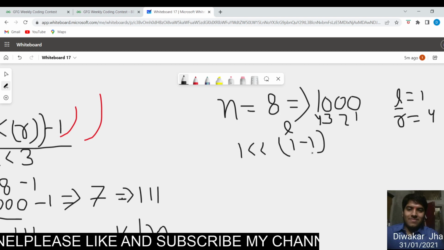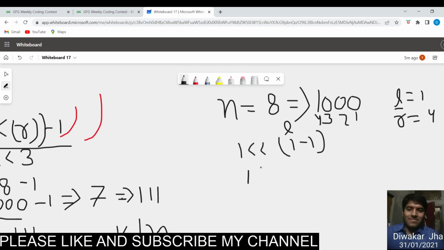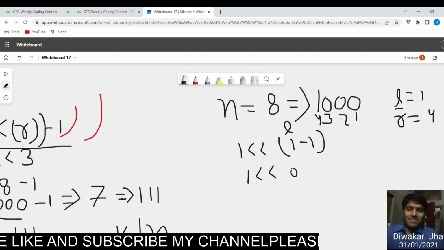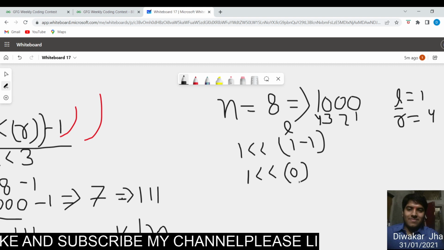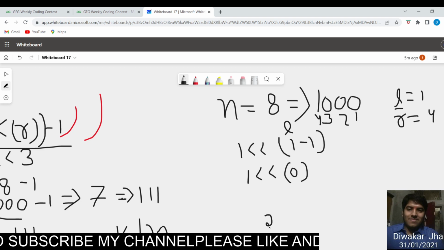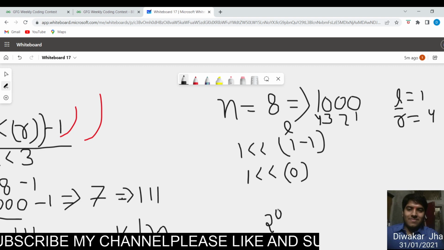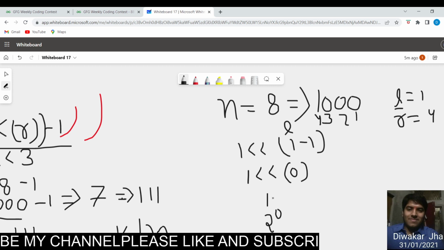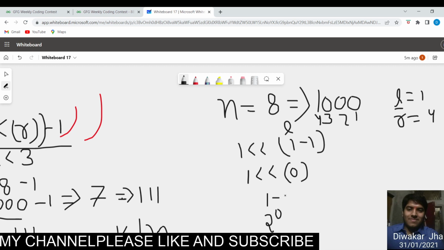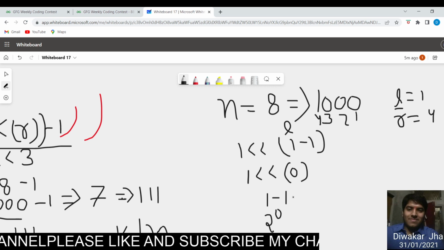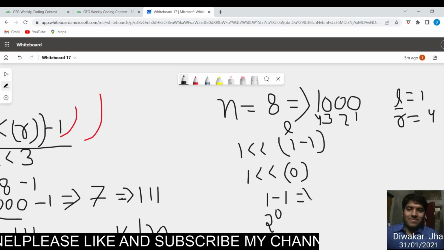So 1 will be left shifted by the 0th time. 0th time means 2 to the power 0. 2 to the power 0 means 1. And subtract this value by the value 1. So you will simply get this value 0.